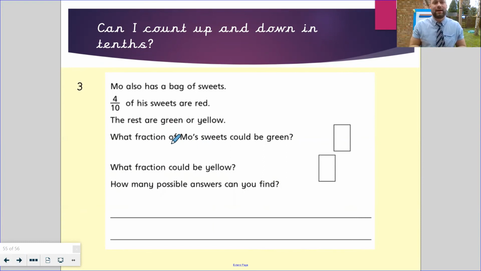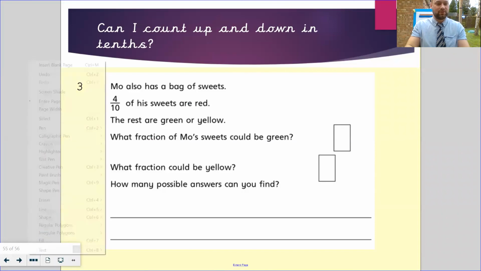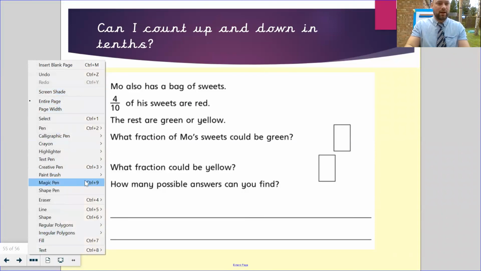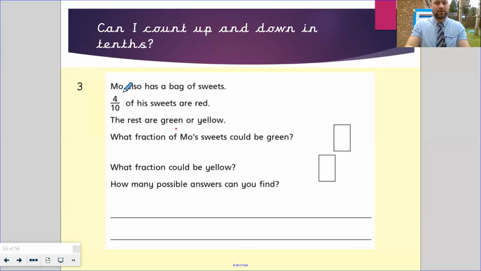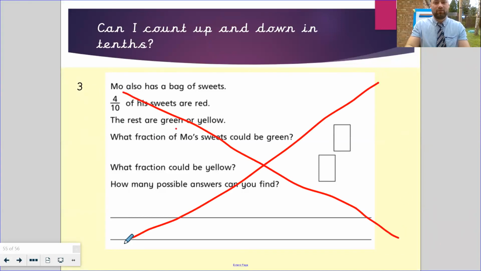I'm not too sure how this has happened, but yes, because you would have done this yesterday. So for this challenge, write your own word problem. Do not do this question because this one was given to you yesterday. So how I've done that, I don't know. So for challenge number 3, write your own word problem that has to do with tenths, so I can answer it.